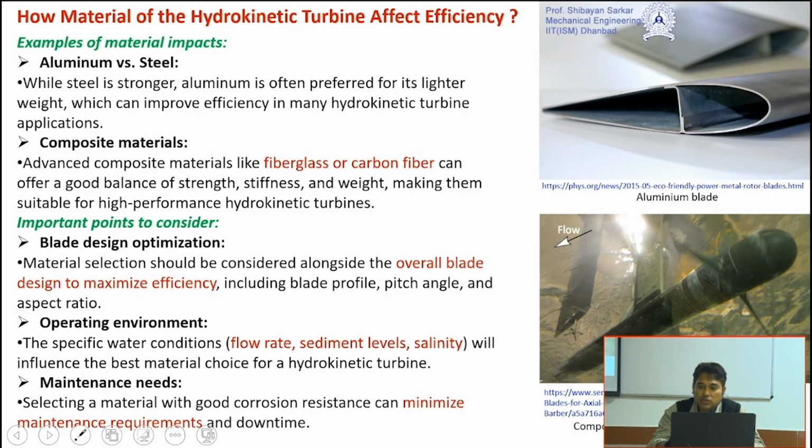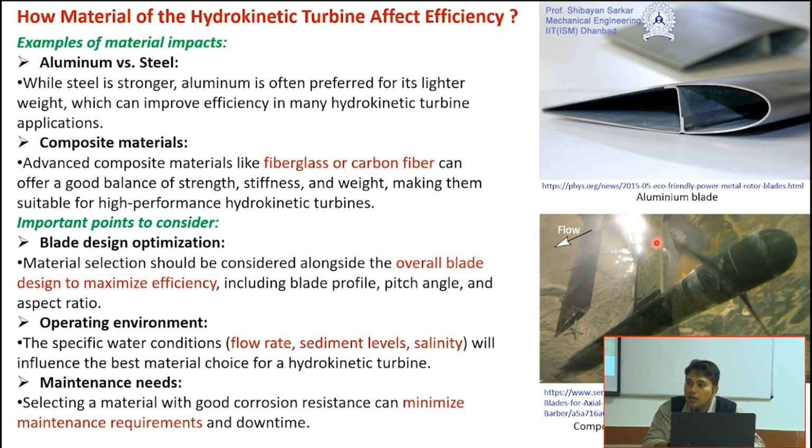So you can see these two pictures. One is basically producing this type of aerofoil cross section, and another is put here. This is basically a tidal turbine, a marine turbine, and it is put in a submerged condition.